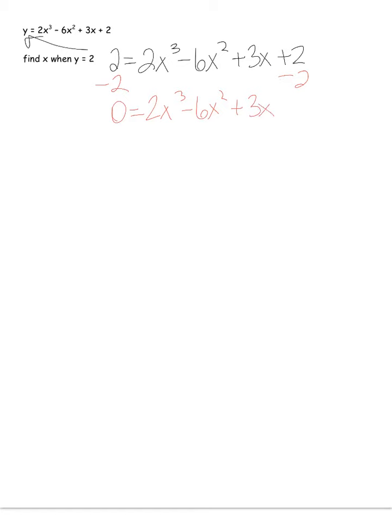When I move my 2 over, it cancels out on both sides, so no 2 anymore. So now I ask myself, do I have a greatest common factor? And this time the answer is yes, because all of my pieces have an x in them. So 2x squared minus 6x plus 3. I lowered my powers all by 1 by factoring out that GCF.